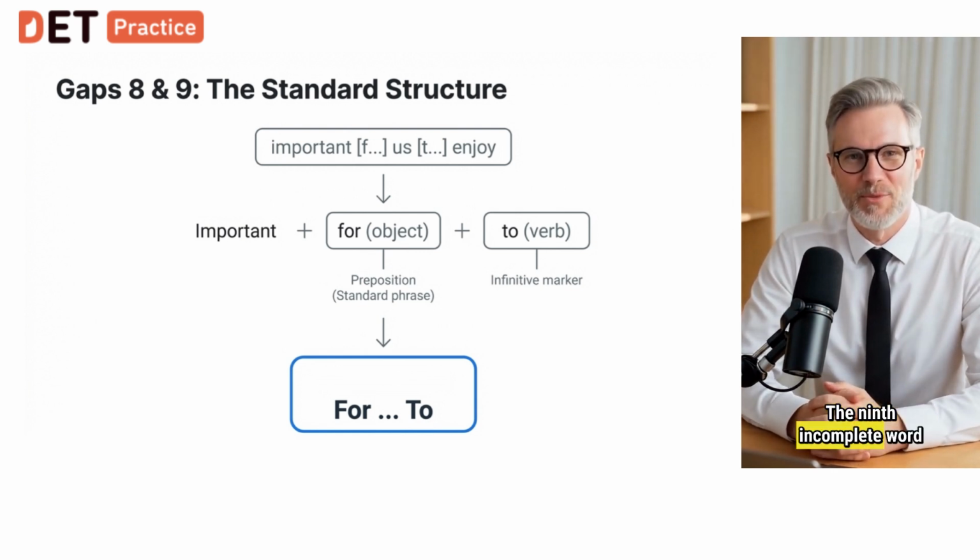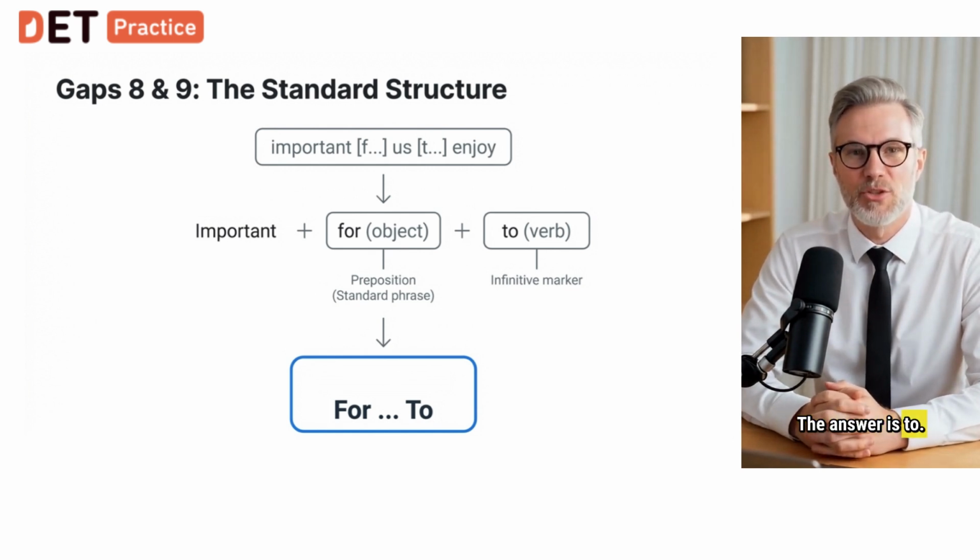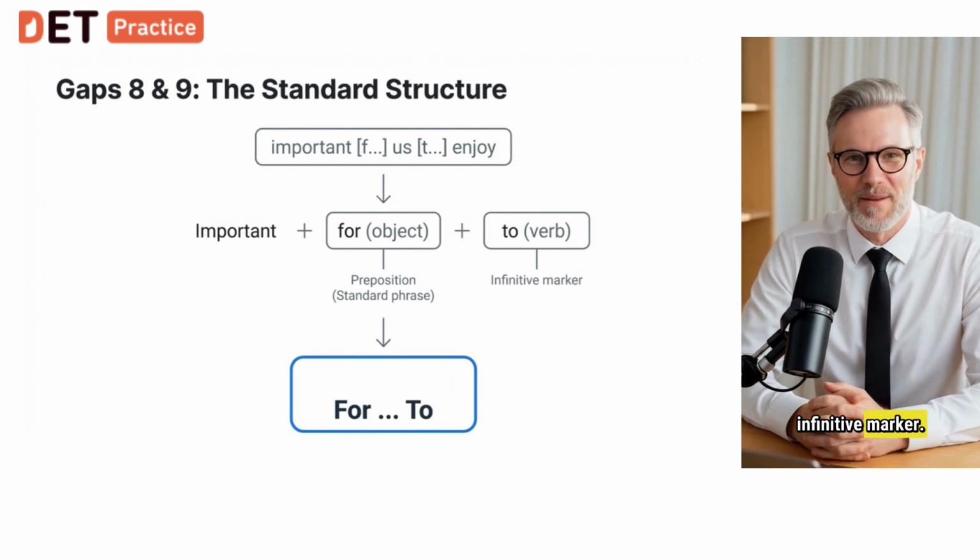The ninth incomplete word appears after us and starts with T. The answer is to. In the phrase, for us, something enjoy, we require to as an infinitive marker. The structure for plus object plus to plus verb is a standard English pattern, and there really can't be anything else in this position grammatically.